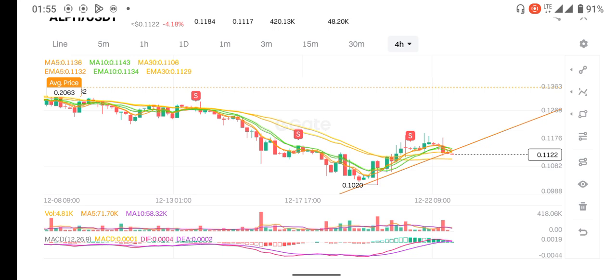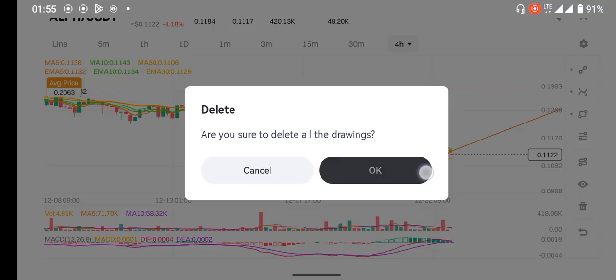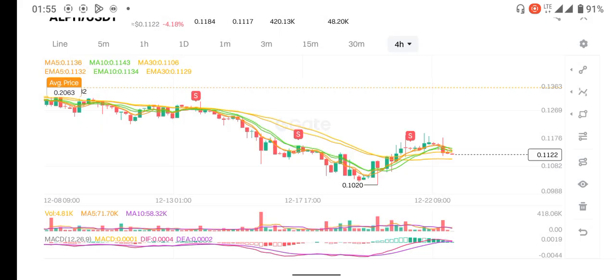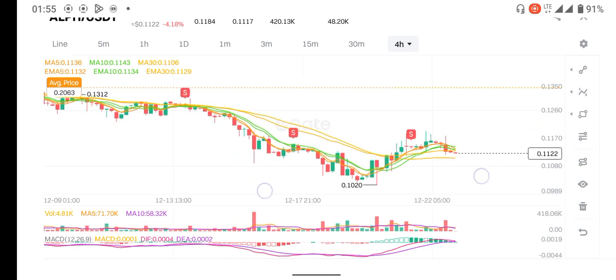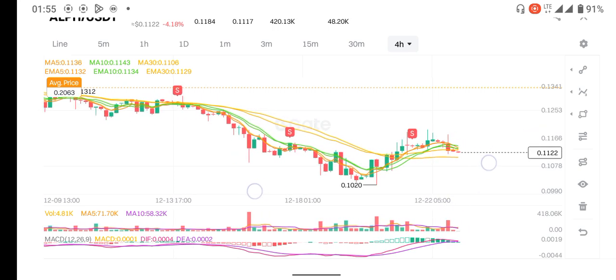Everybody has been anticipating this reversal. This chart is also telling us that currently the price sits at 0.112, and surprisingly, we have a support that has been built here, and the market is retesting that point.